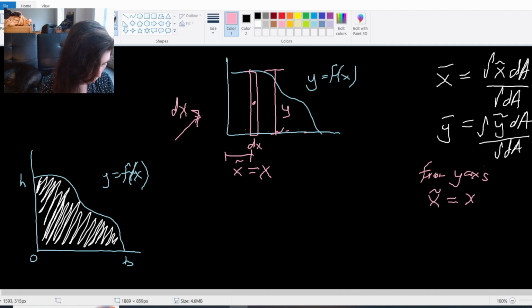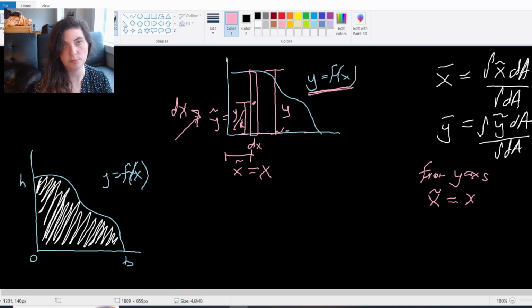And then my y tilde, the centroid for this shape, we'll notice is halfway through this rectangle. So here my y tilde is actually y over 2. And I have some y function in terms of f of x that they give me to define this so that I can put everything in terms of the same variable. So here my y tilde, my y centroid, is y over 2.